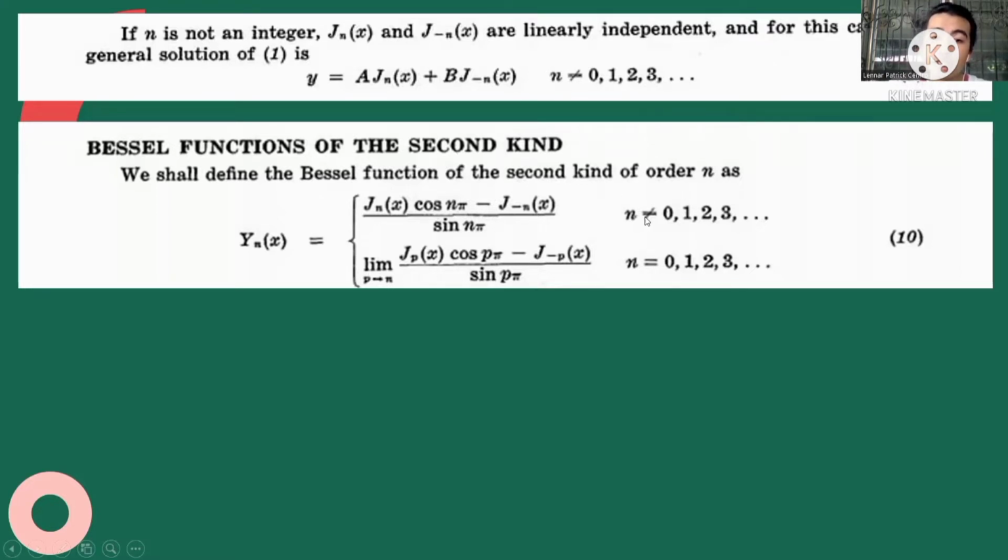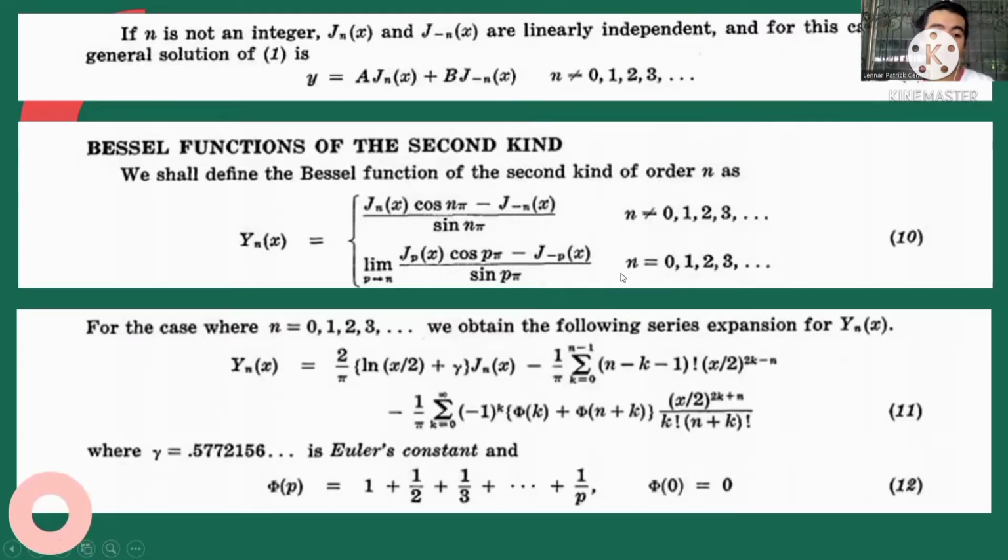So dito makita natin n is not equal to 0, 1, 2, and 3. Kaya limit as p approaches n of J sub p of x cos p pi minus J sub minus p of x, all over sin p pi. So dito makita natin yung n is equal siya sa 0, 1, 2, and 3, and so on and so forth.